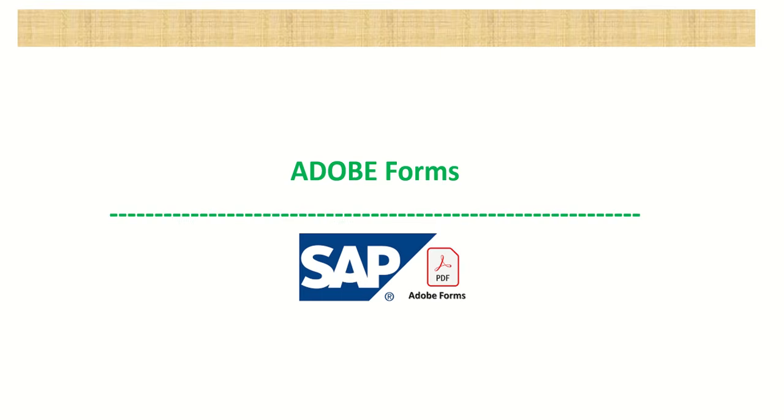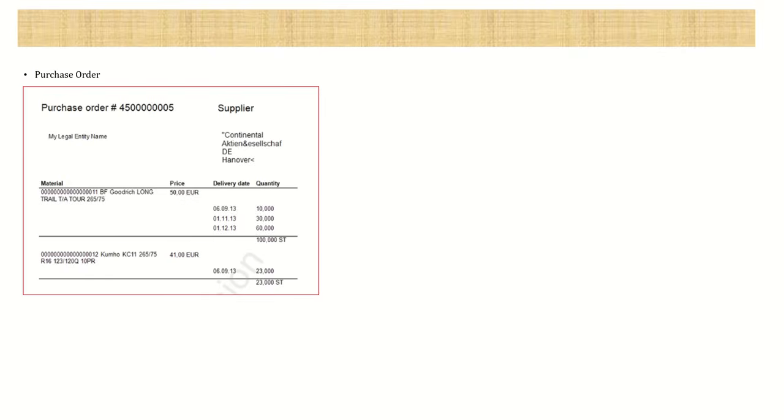Before creating the Adobe Form, let's first understand what exactly an Adobe Form is and why we use Adobe Forms in SAP. In any company, they are required to print different kinds of documents to send to vendors, customers, internal employees, etc. A document like, let's say, a purchase order.